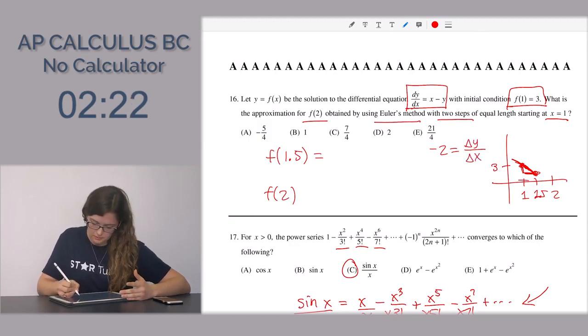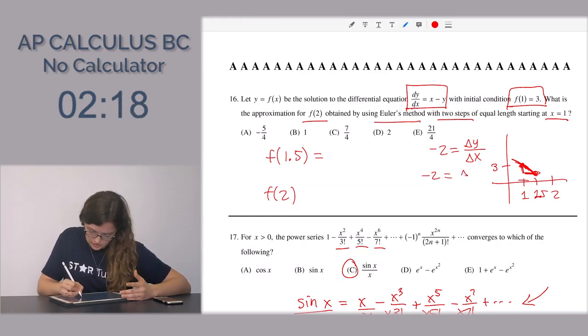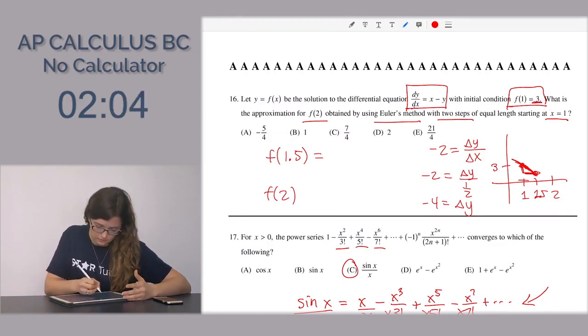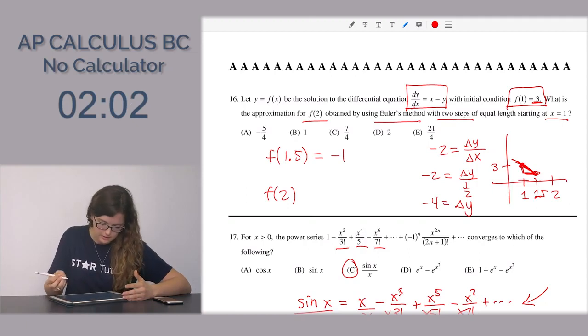I'm trying to find my change in y. My change in x is 1/2, so negative 2 equals change in y over 1/2, multiplied by 2, negative 1 is my change in y. So my y started at 3, and I went down, so it goes to negative 1. Now I reevaluate, I do it again.